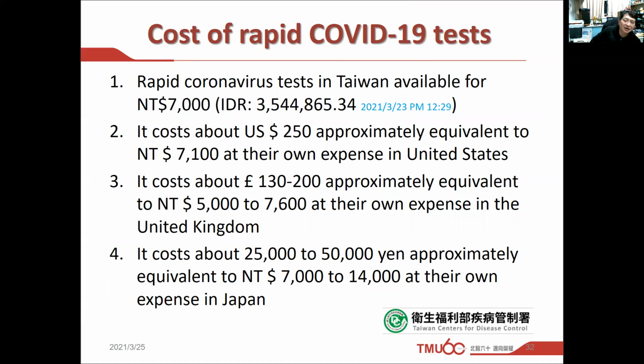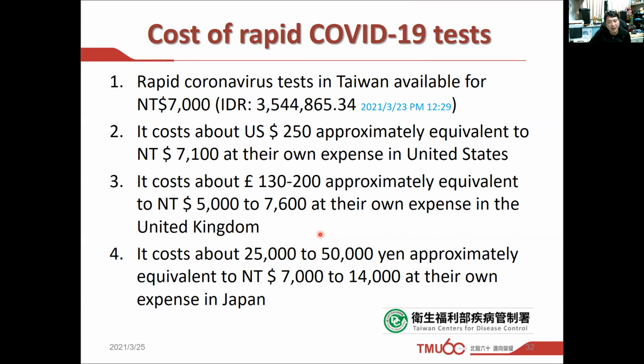And what's the fee for the COVID-19 test? In Taiwan, probably around 7,000 NT, and probably around 3.5 million rupiah, I guess, in Indonesia. Okay, for the United States, probably costs around 250 US dollars, and in the United Kingdom, probably around $130 to $200, depending on what kind of methodology you use.